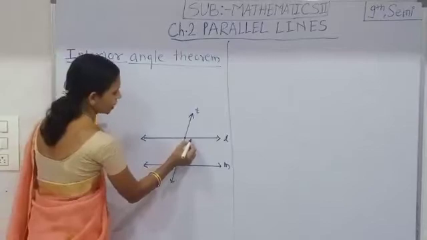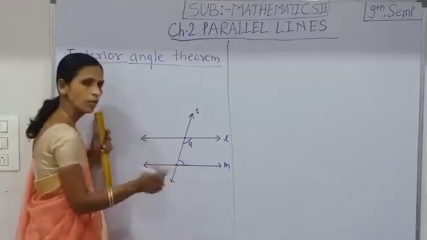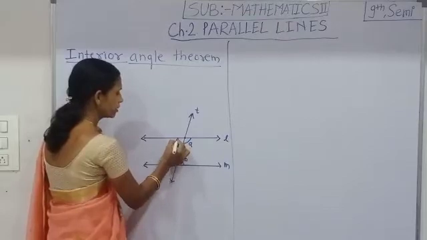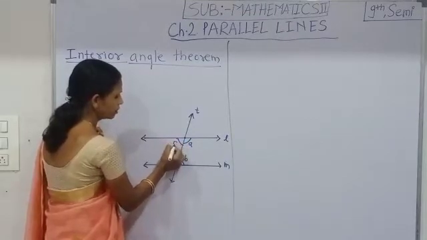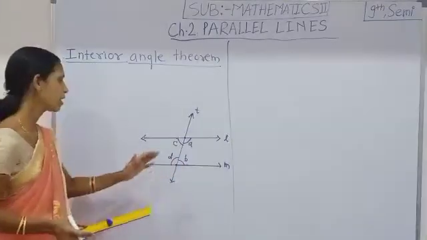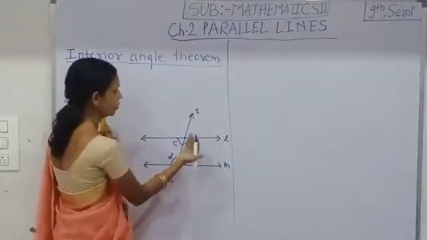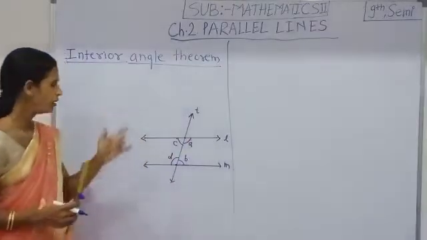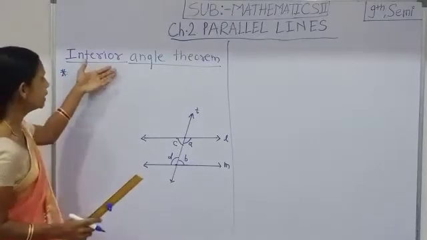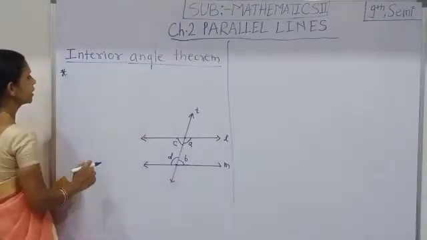Here angle A and angle B are interior angles, and angle C and angle D are also interior angles, which lie on one side of the transversal. From this figure we can prove the interior angle theorem.